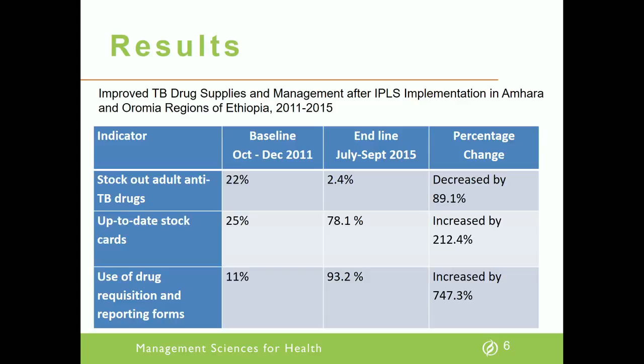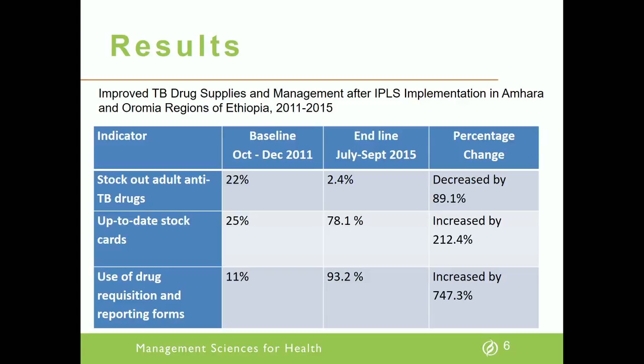As you can see, the stockout of adult anti-TB drugs used to be 22% some 5 years back, and through the implementation of IPLS, it reduced to 2.4%. We're implementing in over 3,000 health facilities, and if you consider 2.4%, there are few of those health facilities. Some of them are due to security problems and distance issues.